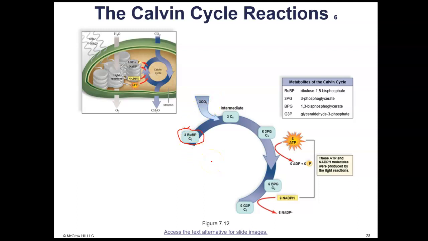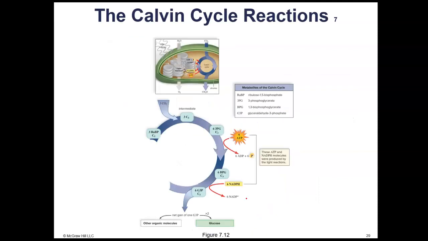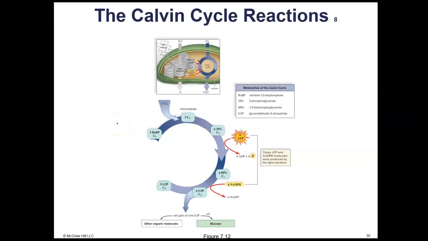I want you to know Rubisco is the enzyme that catalyzes that reaction. And I want you to know the final product of step 2 is G3P, which is a 3-carbon molecule that can be used to produce glucose. And after that, we have to build back up our supply of RuBP. So that step is called RuBP regeneration.